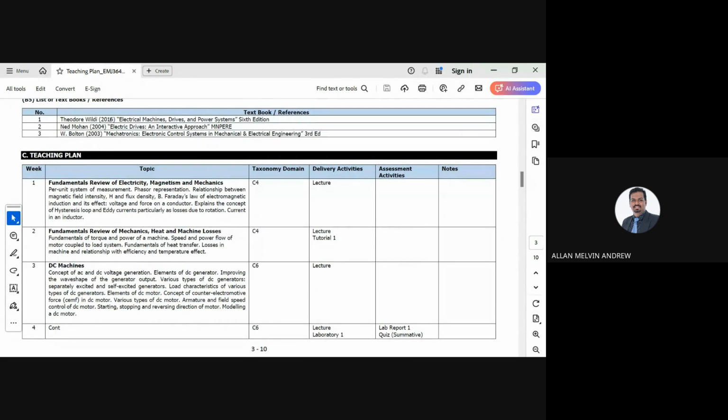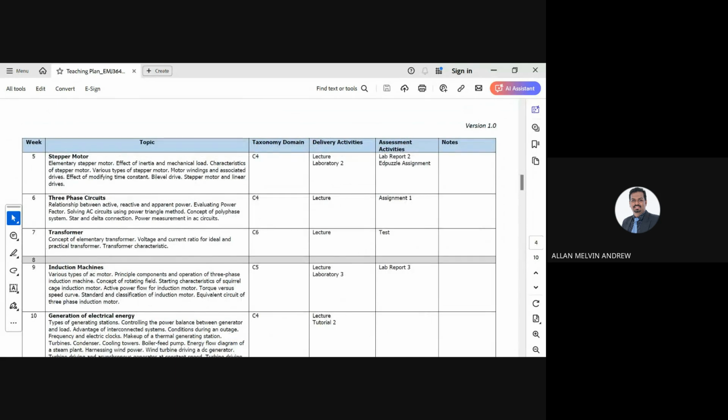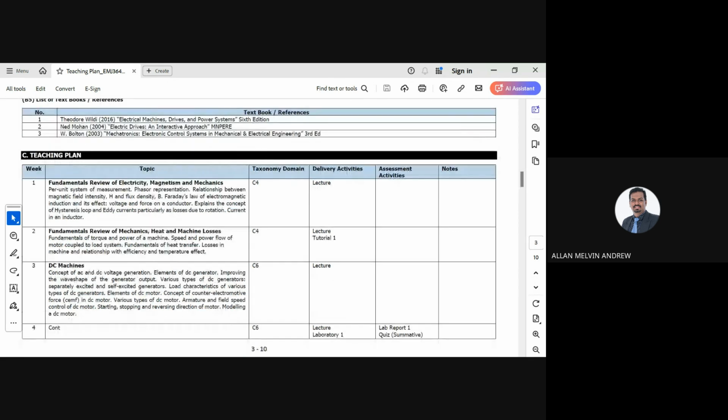This is not the exact planning, but we will have all these components covered throughout the studies. It may not be in the same week as mentioned here. Now we're supposed to be in week two, but we haven't covered this part, so I need to cover it first.